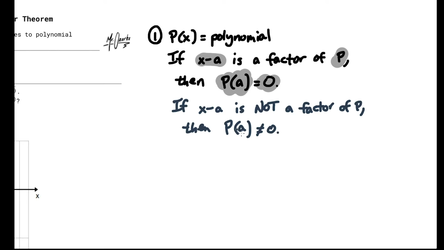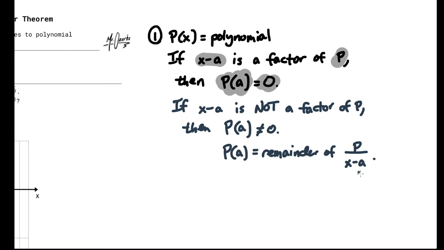In fact, p of a is going to be equal to the remainder of p divided by x minus a.